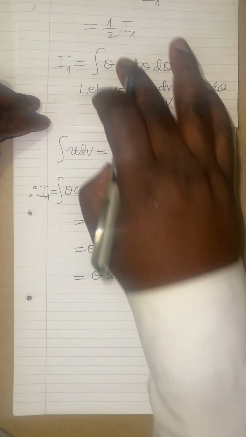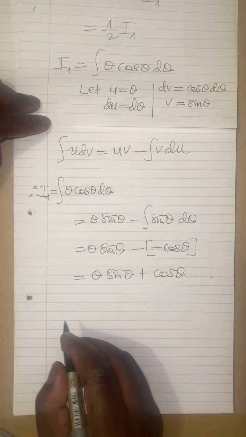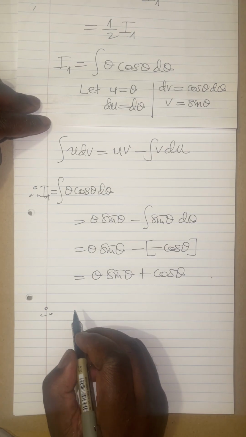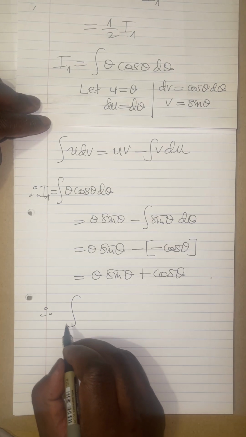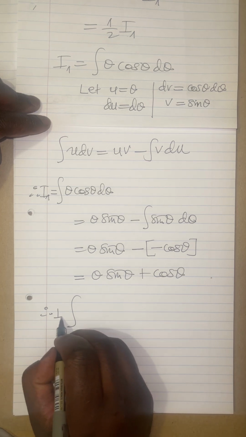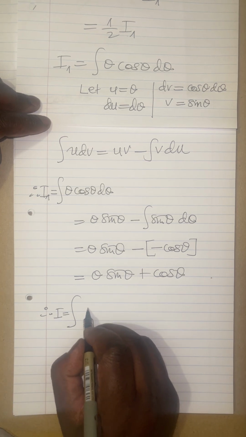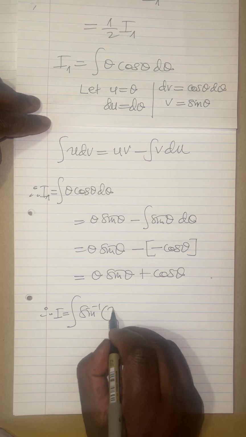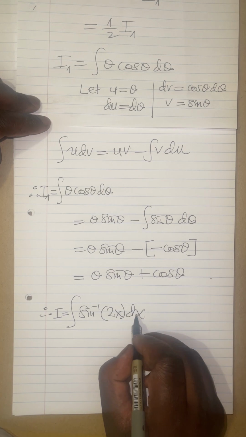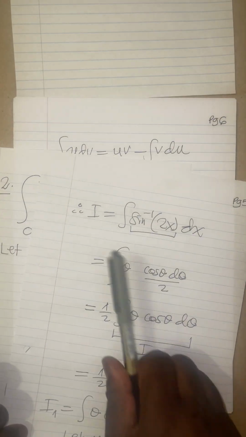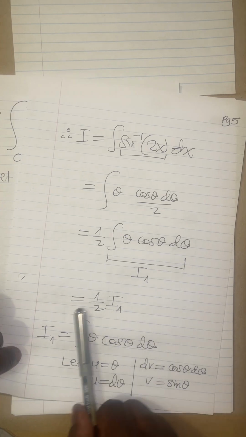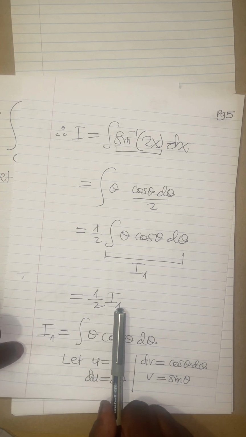So we must come back here and say that this integral here, which is our I, equal to the integral of sine inverse of 2x dx, this is where we're coming from. Remember, that's our I, simplifies to half of I1.